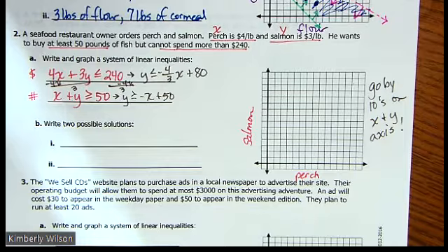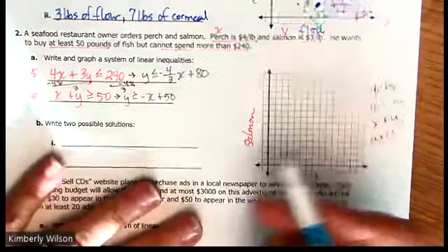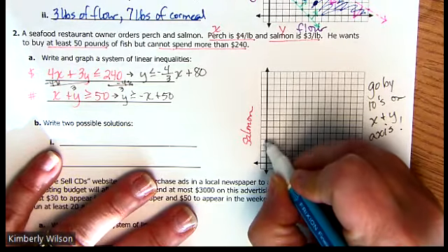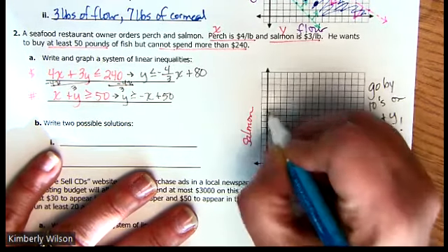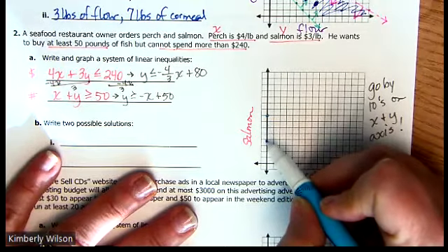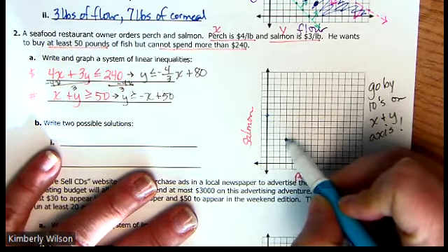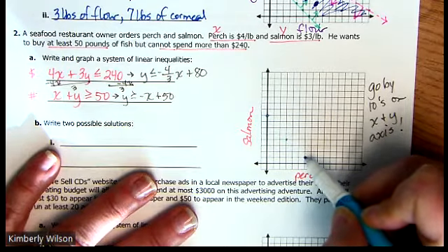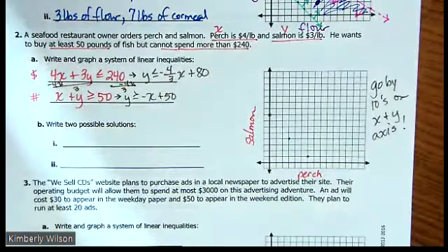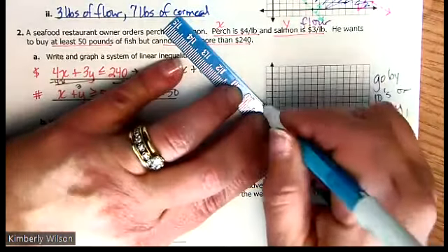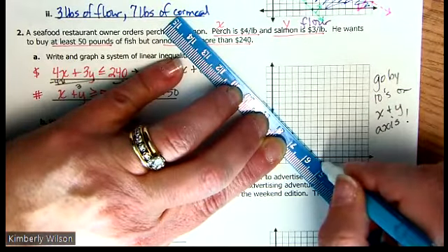Okay, here we go. So now we create our graph. We've got 80. 2, 4, 6, 8. So that's 80. Negative 4/3. So down 4/3. Down 4/3. That's my ruler. And now we play connect the dots.